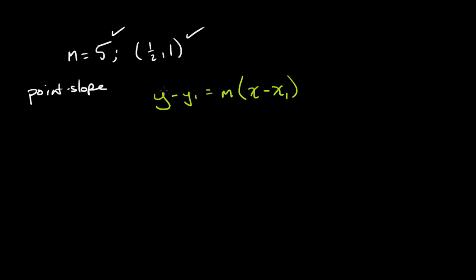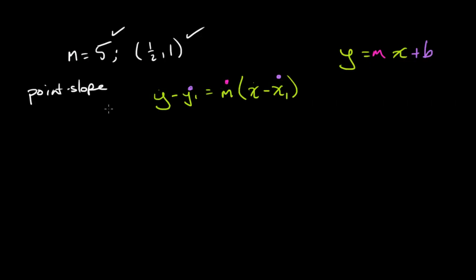And here our y and our x are the generalized x and y. Our y1 and our x1 are going to contribute to being the b part of it. And of course our m will be m here. So this y and this x are going to eventually go here. This y1 and this x1 will generate this b, and our slope will be our slope.